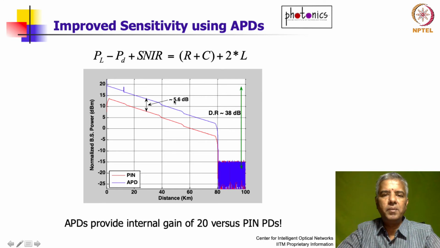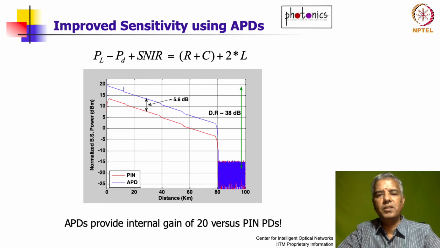So in this case we got an avalanche gain of about a factor of 20, and that corresponds to 13 dB, but then again you get only half of that because it's a round trip backscattered signal transmission that you are getting, so you have to account for that. Rather, this is actually 11.2 dB improvement, divided by 2 is what you get as 5.6 dB.